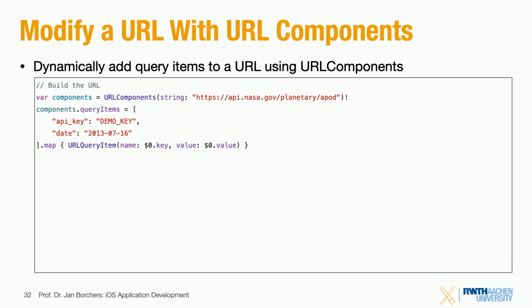The closure here is that we call the URL query item initializer on it by using the key and the value of the first and only parameter that goes into each of these things. And thereby, from the array of string pairs, we create an array of URL query items, which are also dictionaries with a key and value, but not string type, but instead this special one.